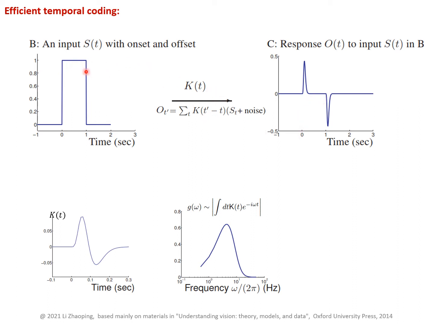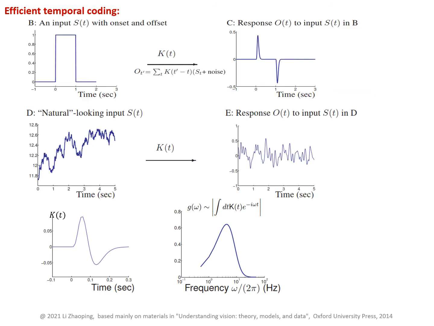Then when the signal suddenly drops, this drop is not predicted, so the output response goes negative. Therefore, you can see that this filter is more sensitive to temporal changes, sudden increase, sudden decrease, but is insensitive to temporally predicted signals. And this kind of coding transform from this to that is called predictive coding.